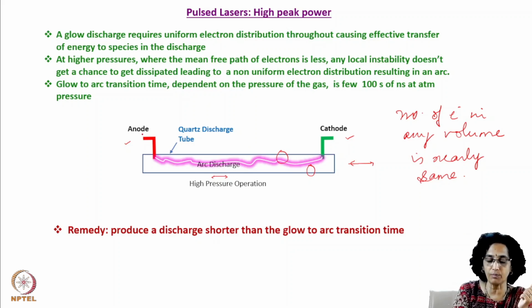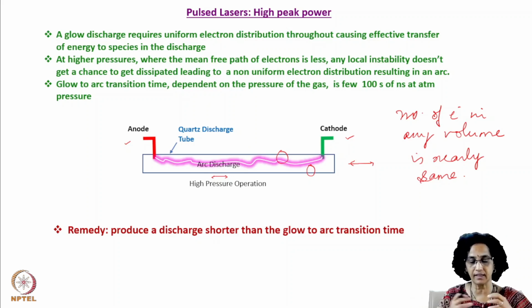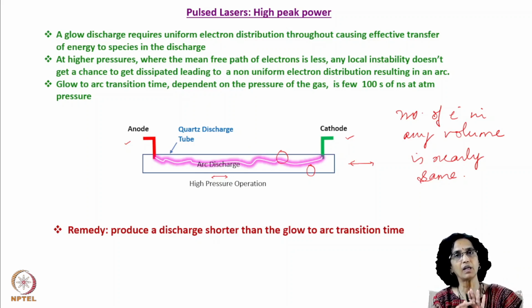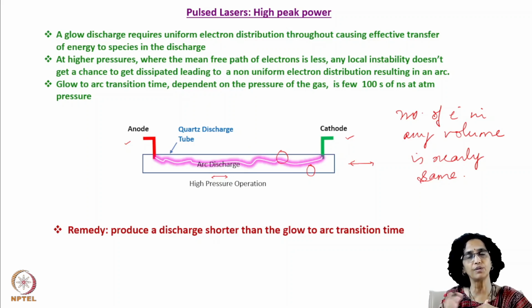The current from anode to cathode flows uniformly through the entire active region. It gives rise to uniform excitation of the molecular species which we are trying to excite, and you have a good excitation of the species and a good spatial profile of the lasing.